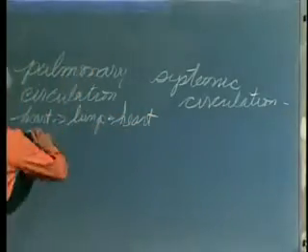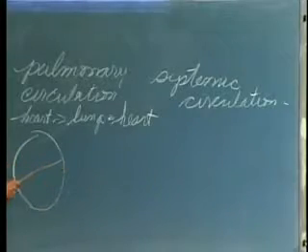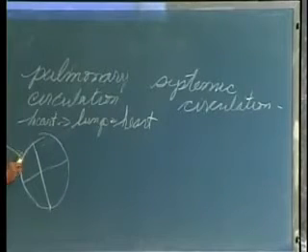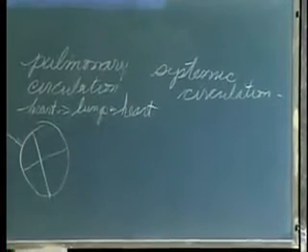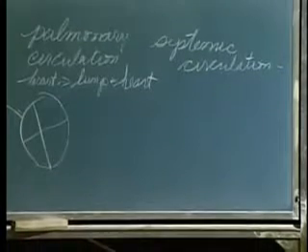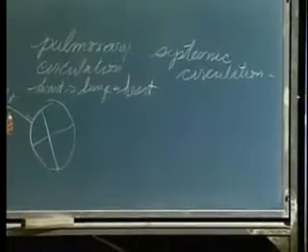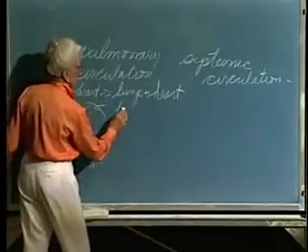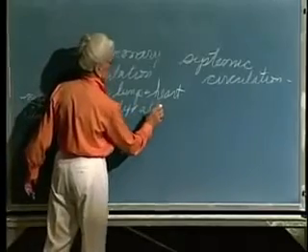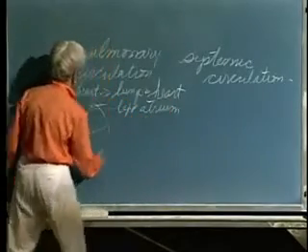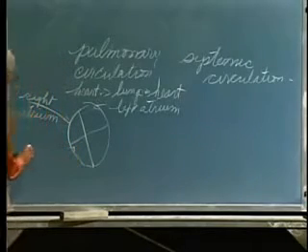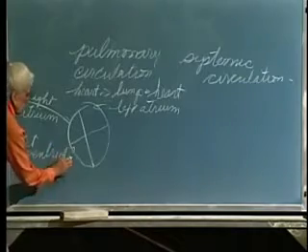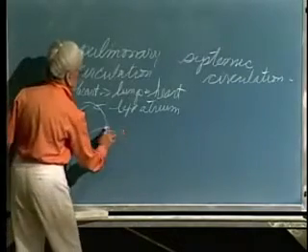So we have a 4-chambered heart with a right atrium, a left atrium, a right ventricle, and a left ventricle.